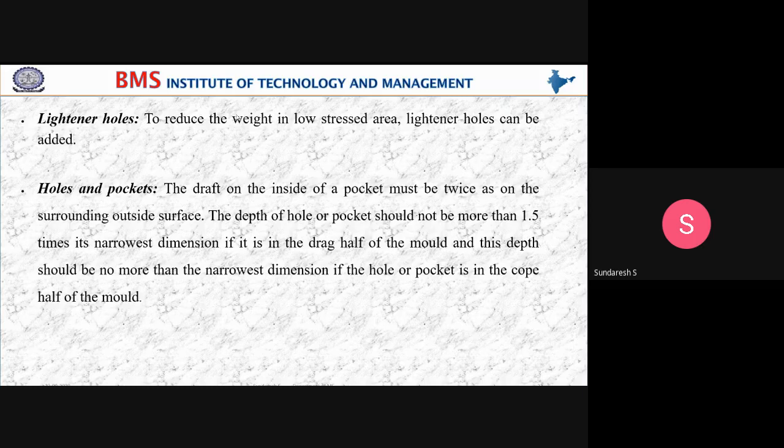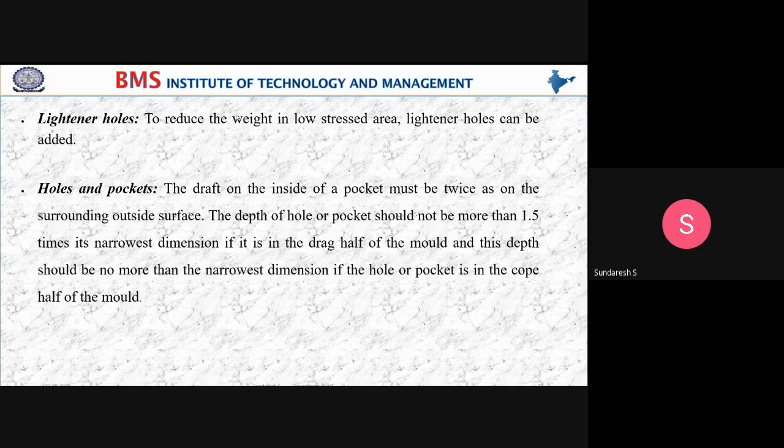And holes and pockets: the draft on the inside of a pocket must be twice that on the surrounding outside surface. The depth of the hole or pocket should be not more than 1.5 times its narrowest dimension if it is in the drag half of the mold, and this depth should be not more than the narrowest dimension if the hole or pocket is in the cope half of the mold.